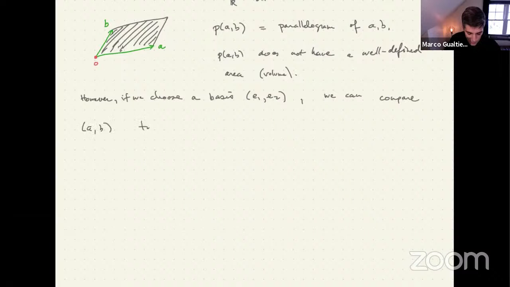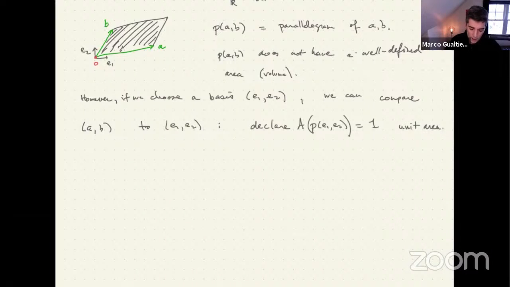So if I have a basis, let me just show you what I mean. If this is my basis now, E1, E2, then you can see that this thing will have an area, in the sense that we declare that P(E1, E2) is equal to 1, the unit area.